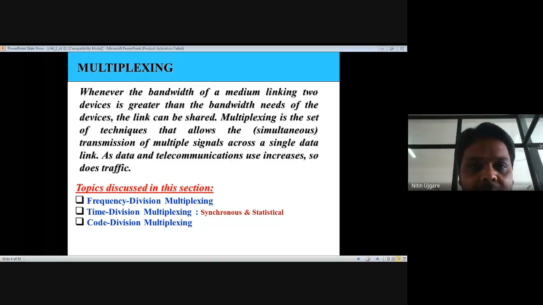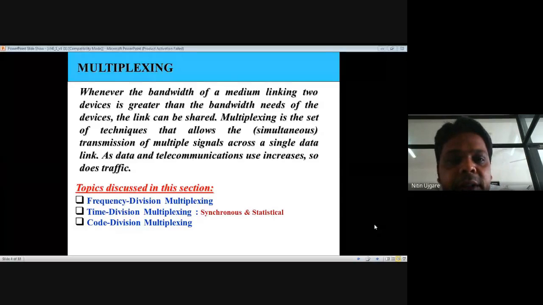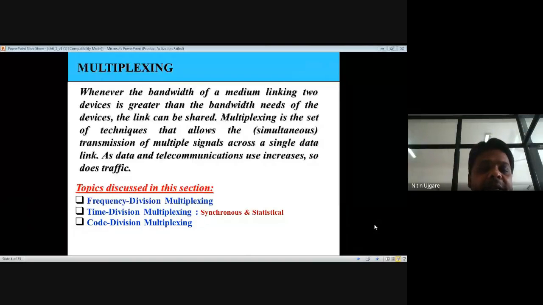Whenever the bandwidth of a medium linking two devices is greater than the bandwidth needs of the devices, the link can be shared. Multiplexing is the set of techniques that allows the transmission of multiple signals across a single data link. As data and communication increase day by day, so does network traffic.